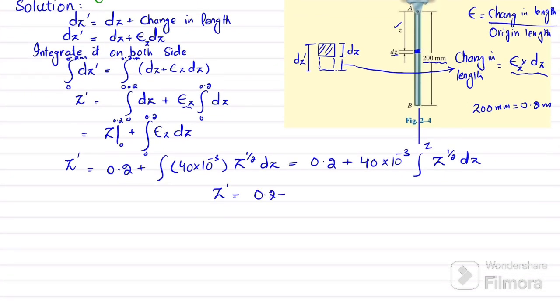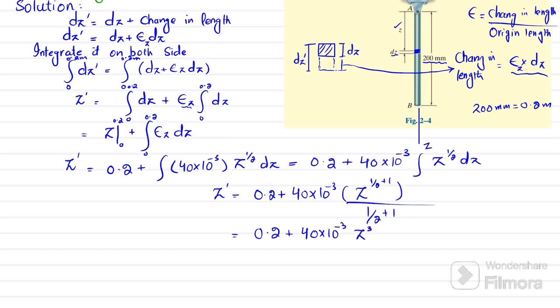0.2 plus 40 into 10 raised to power minus 3, and the integral of z power 1 over 2 will give us z power 1 over 2 plus 1 divided by 1 over 2 plus 1. So that will give us 0.2 plus 40 into 10 raised to power minus 3, and z power 3 over 2 divided by 3 over 2.